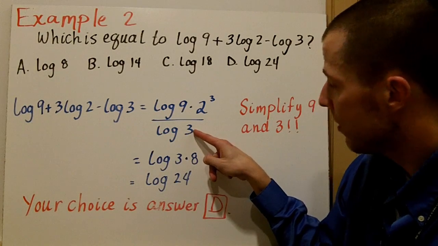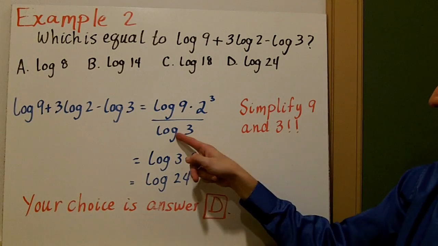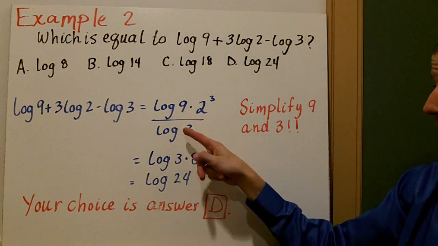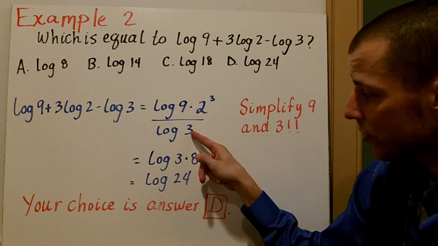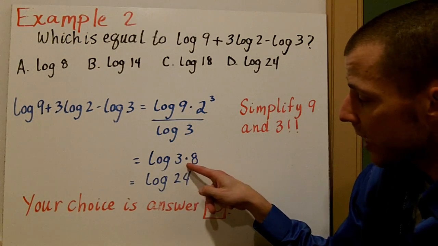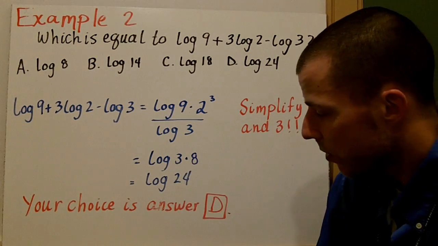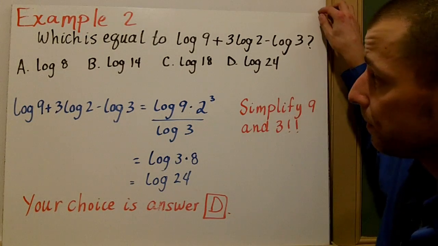Now you can actually simplify the 9 and 3 because they have that same base here. It's actually base 10. So 3 goes into 9 three times, 3 goes into itself once, and we're left with log of 3 times 8, which is log 24. So our answer choice for this is D.